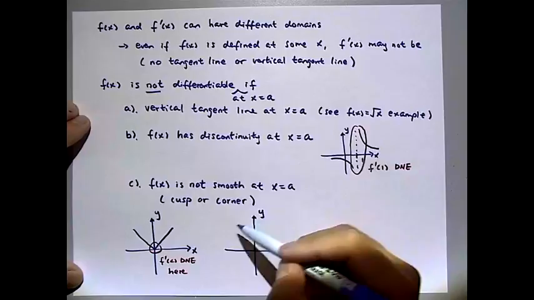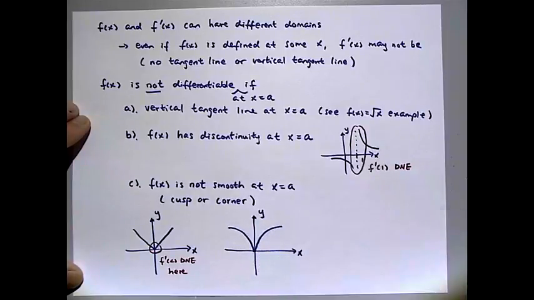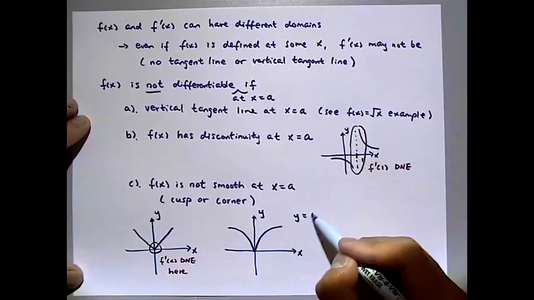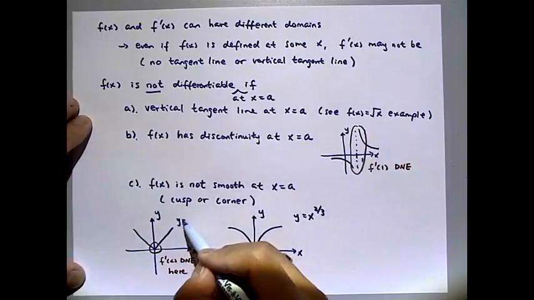And here's a similar situation, a cusp. And by the way, the equation for this graph right here is y is equal to x to the 2/3. I'll write down the equations for these.